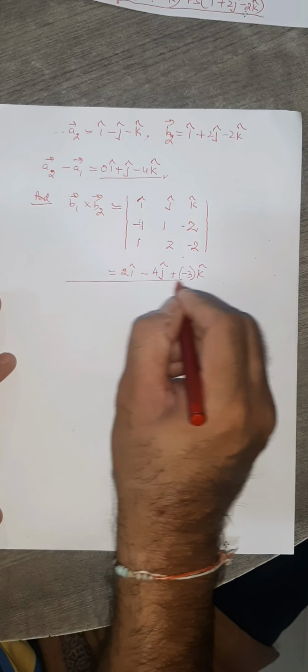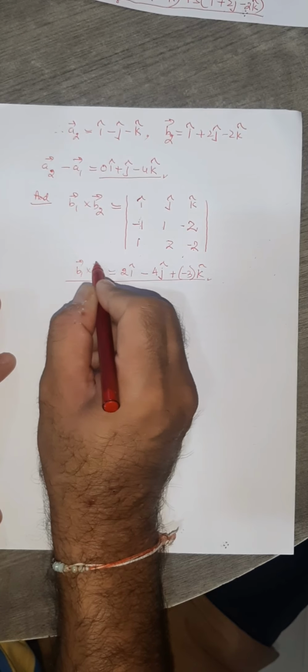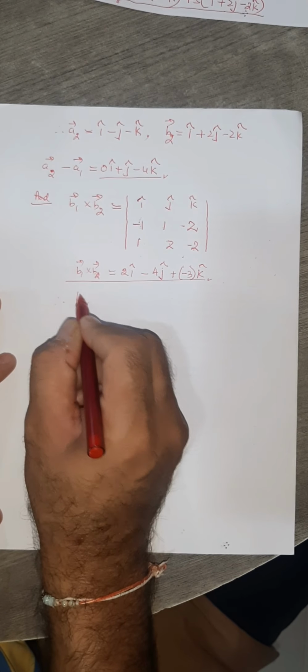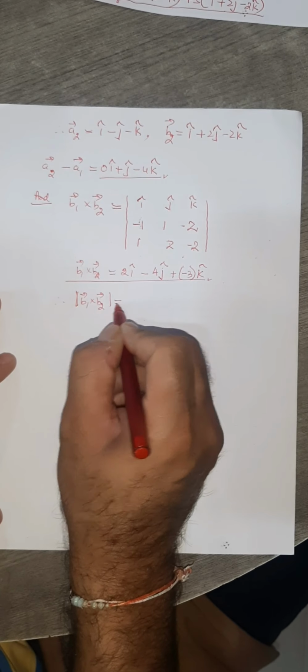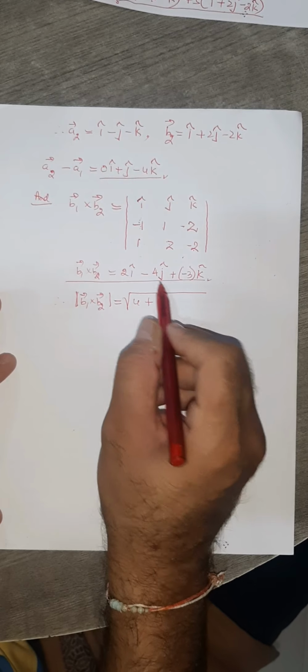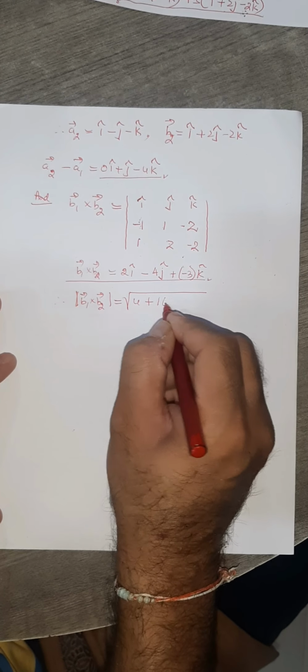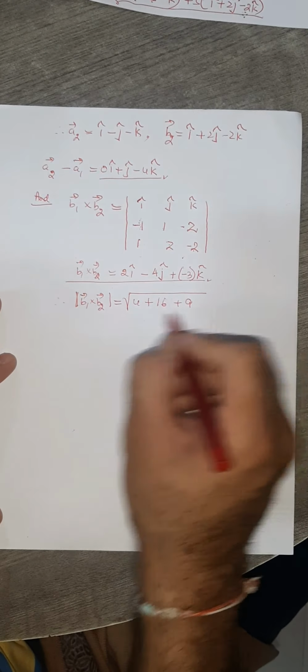So this is the cross product. Now we need its magnitude. Therefore magnitude of b1 cross b2 equals root of 4 plus 16 plus 9. So it will be just root 29, we know.